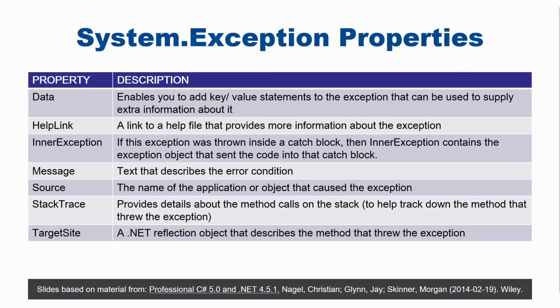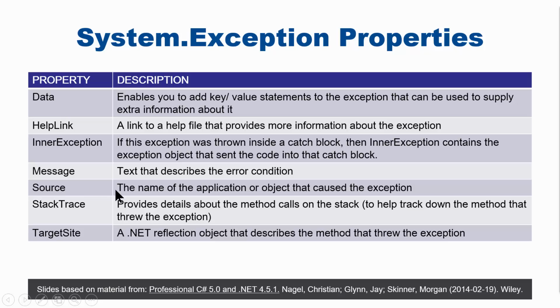If you're providing a framework, if you're building a framework, that's probably a very good idea. The InnerException: you can actually have exceptions that collect other exceptions that have been thrown up the hierarchy. So you can have an exception that belongs inside of another exception. The message we already saw.